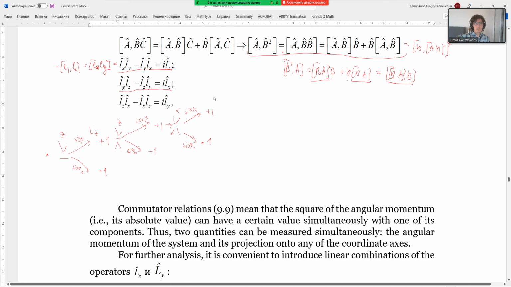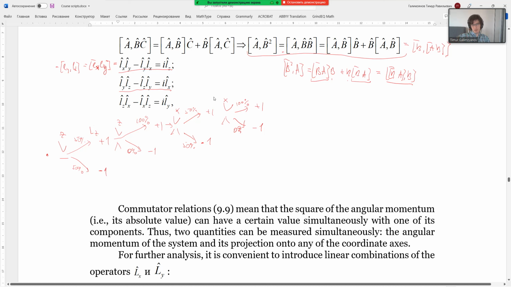Still, we can measure the x axis one more time, and 100% will go to +1 and 0% will go to -1, because we know the x projection.